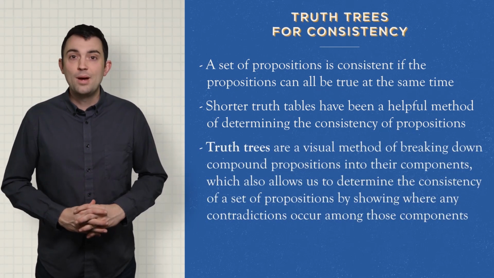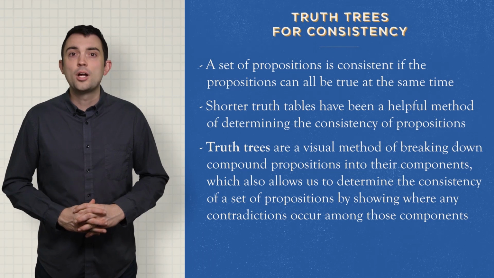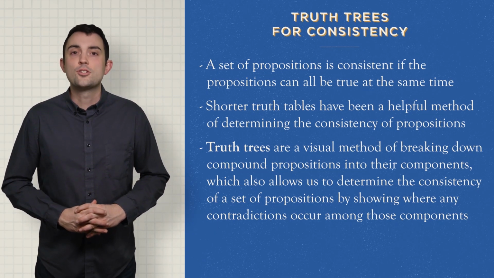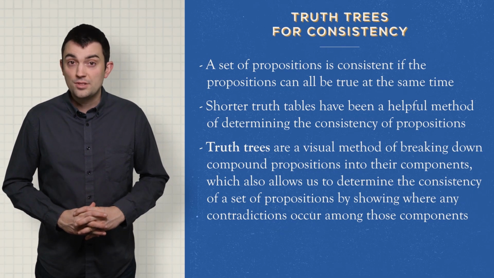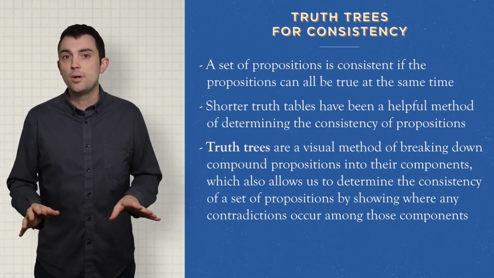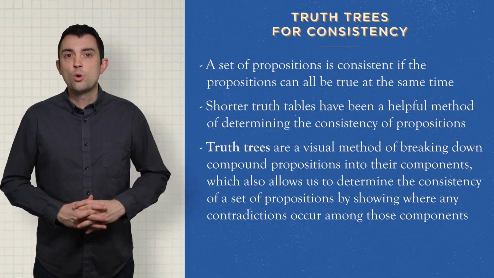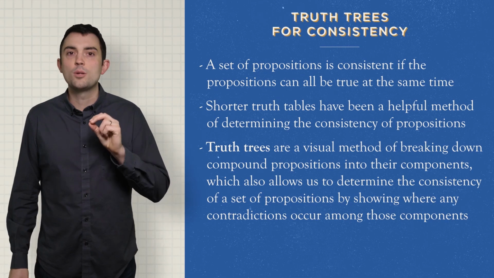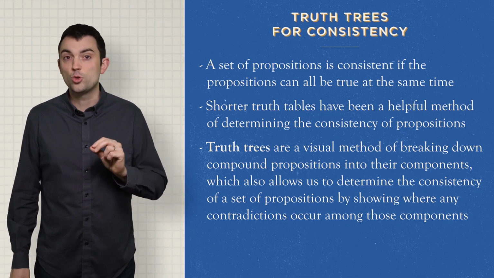Truth trees are a visual method of breaking down compound propositions into their components. This also allows us to determine the consistency of a set of propositions by showing where any contradictions occur among those components. You'll see how this is more visual than truth tables, but first you need to learn a few new terms to help you understand the basics of truth trees.